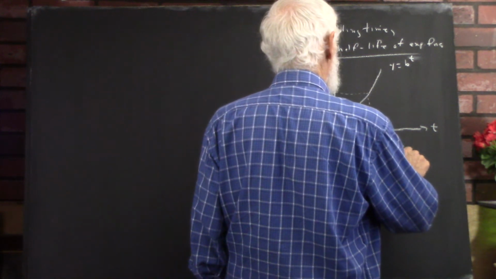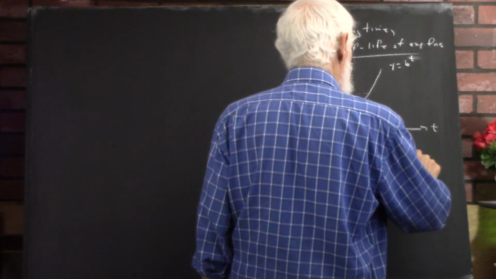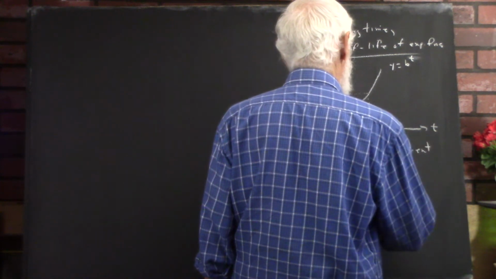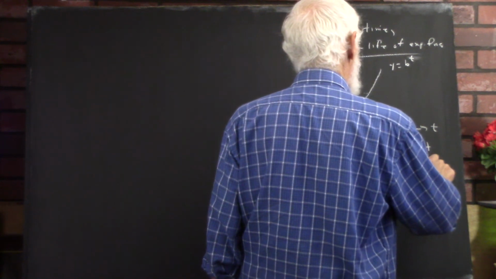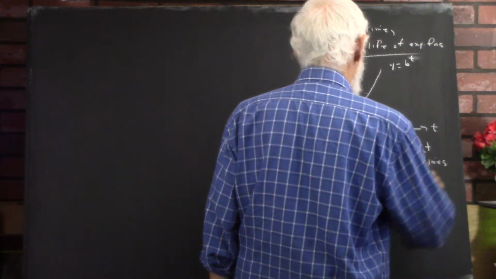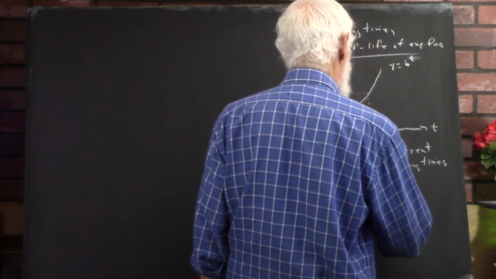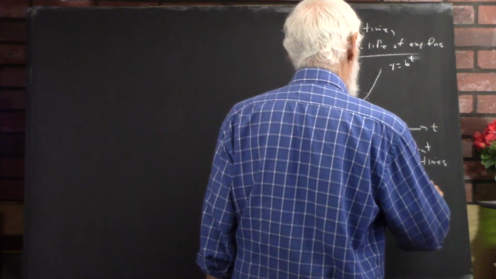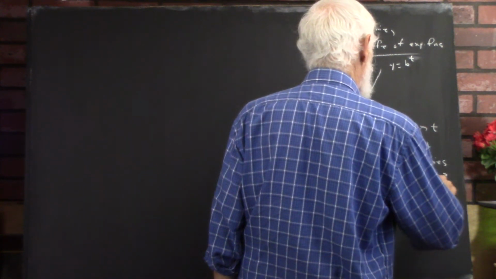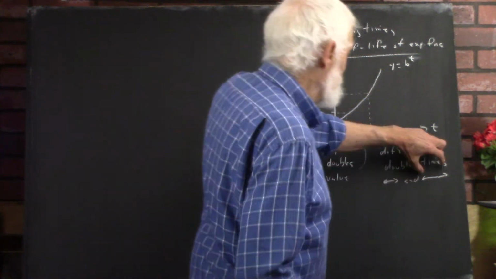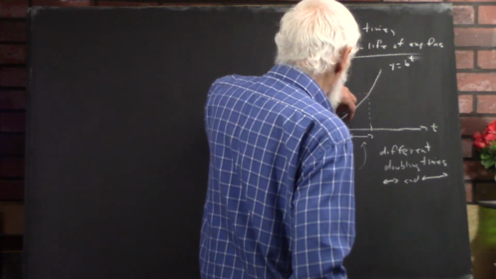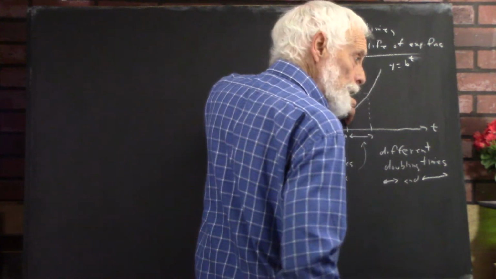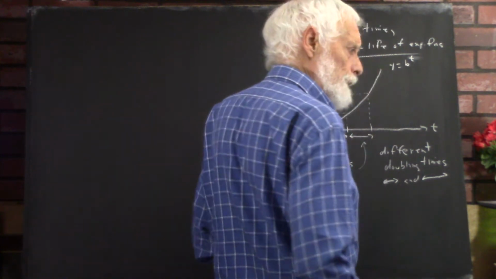We call these doubling times. And I'm just going to represent the doubling times by arrows, because those arrows represent the times it takes to double. It took longer to do this doubling than it did to do this doubling. I didn't make that thing go up fast enough.